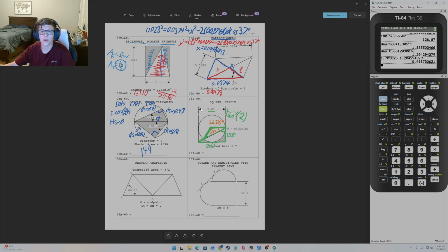I probably should have in hindsight, but we still got the same answer. I am already aware of that shortcut. I apologize for slowing this down a little bit, but it's still a good refresher to use the law of cosines. You can't always make a right triangle, you know, so I feel like that was good practice. So we know that this shaded area is 0.499.